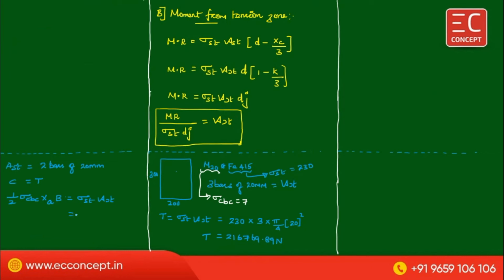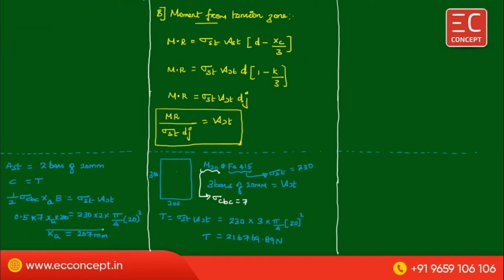Sigma st is 230. Ast is 2 into pi by 4 into 20 square. So 0.5 into 7 into Xa into 200. Finally Xa that you get is approximately 207 mm.